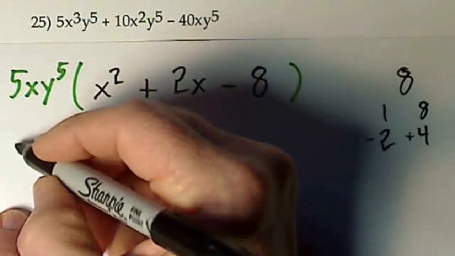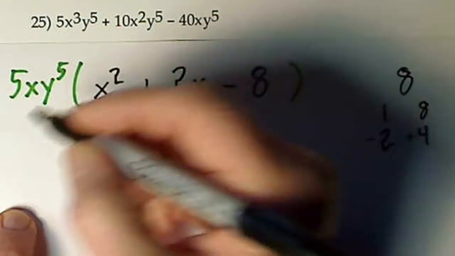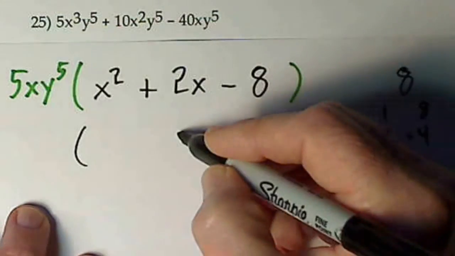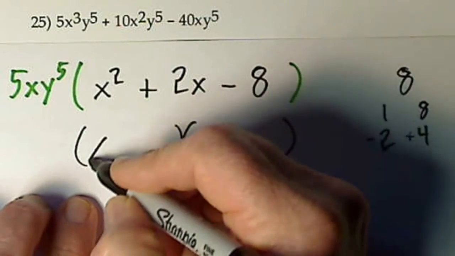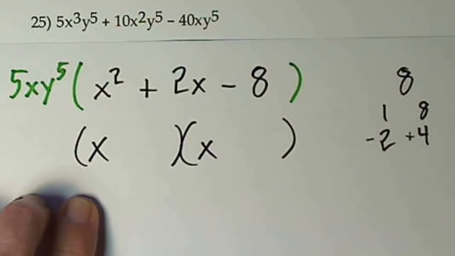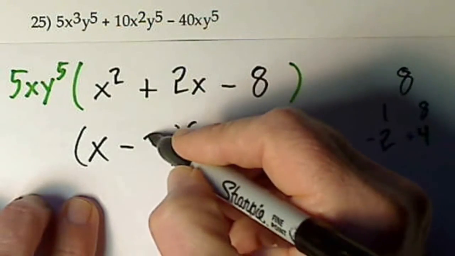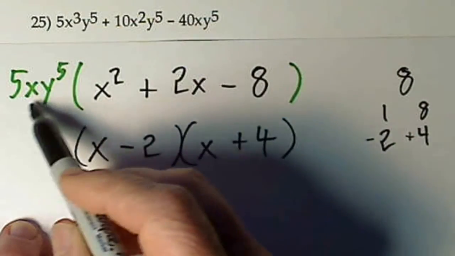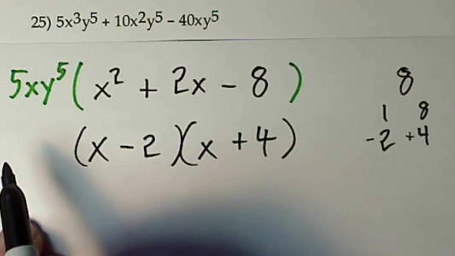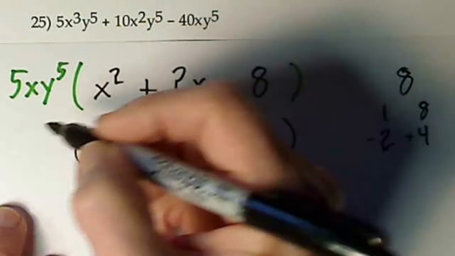Okay. So the final factored form, maybe I'll start writing it here because this is what we were just working on. For x squared, you'll have an x and an x, and we figured out here that we want a minus 2, a plus 4, and this 5xy to the 5th that we factored out at the beginning, you simply drop it down here.